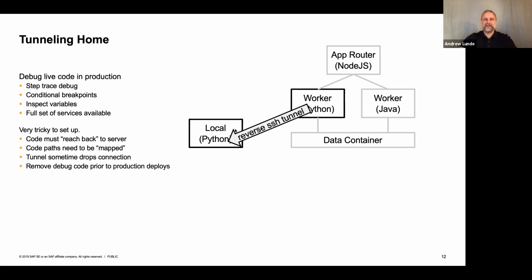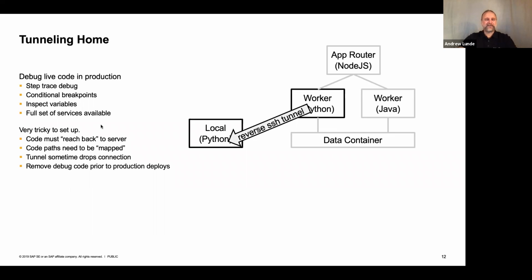It thinks that these two places are effectively on the same network, and you can run a server here, and then you can step, trace and inspect everything, and look at variables and change code, all running live. So that's great, and that's kind of the holy grail of being able to debug.